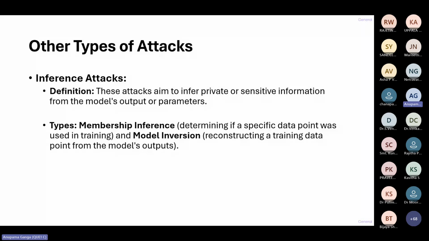Okay. So for example, a hospital is training a model to predict patient outcomes. An attacker could use a similar model to determine if a particular patient's data was part of that hospital's training data or not. So this way, potentially, they will be able to get sensitive health information of that particular patient. So like that, various kinds of membership inference attacks, we can say.